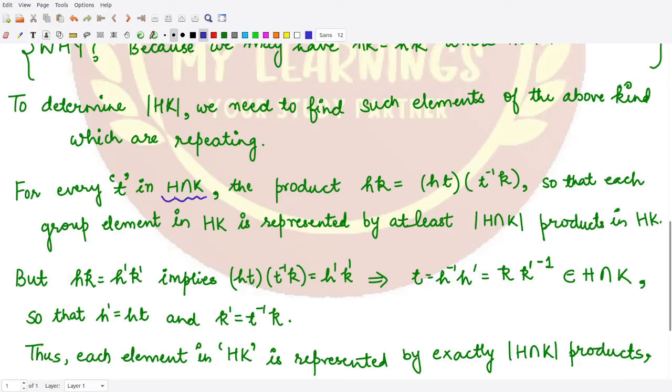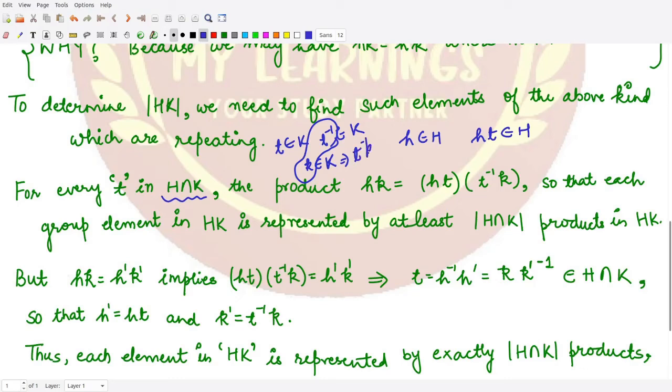So if t is present in the intersection of H and K, and h is some member of capital H, then ht is also a member of capital H. There is no issue. And moreover, for K, because t is present in K, t inverse would also be present in K, and we know k, small k, is present in capital K, so that means their product is also present in capital K. Why?